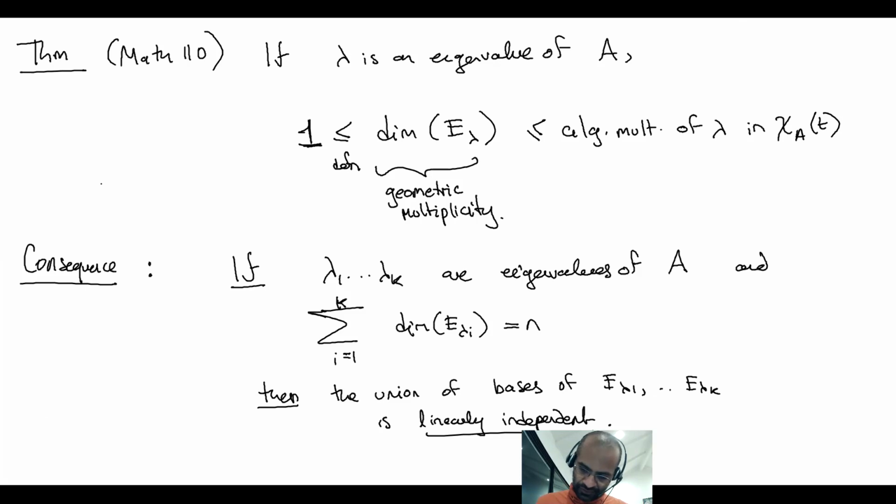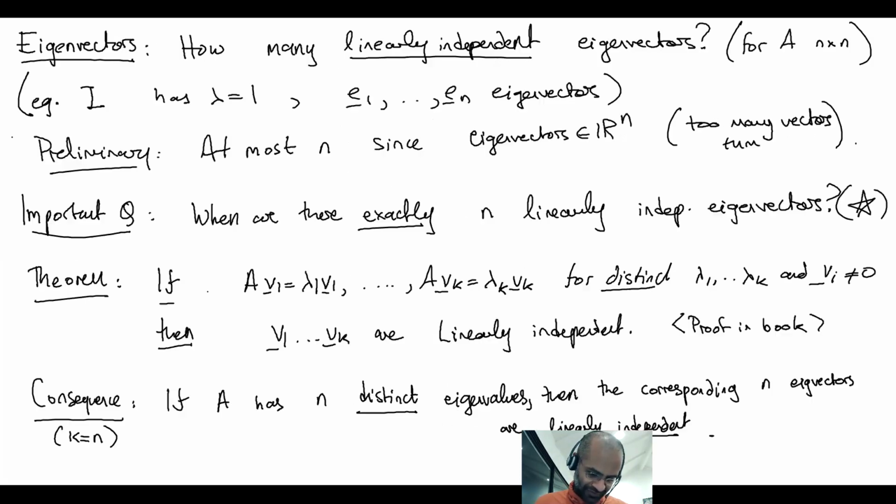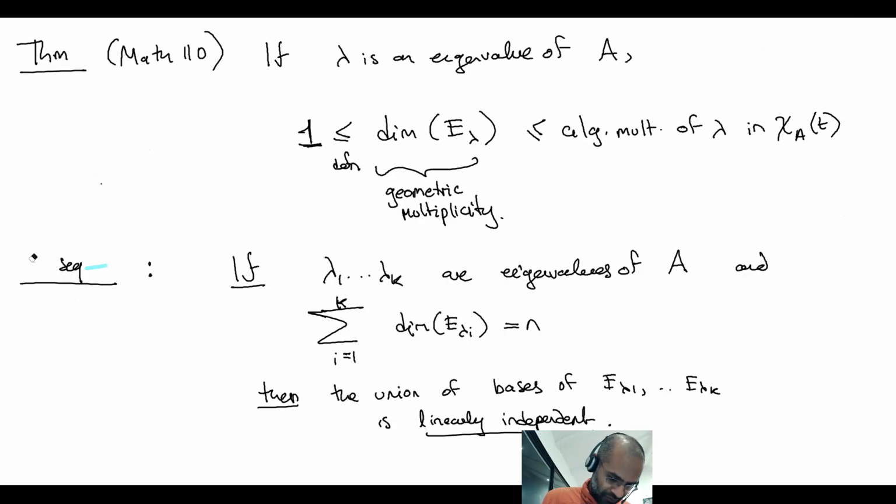Maybe instead of calling these consequences, let me call these sufficient conditions. So this is sufficient condition number 1, and this is sufficient condition number 2 for having n linearly independent eigenvectors.